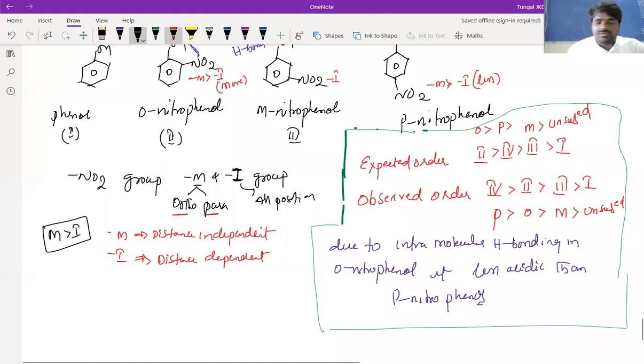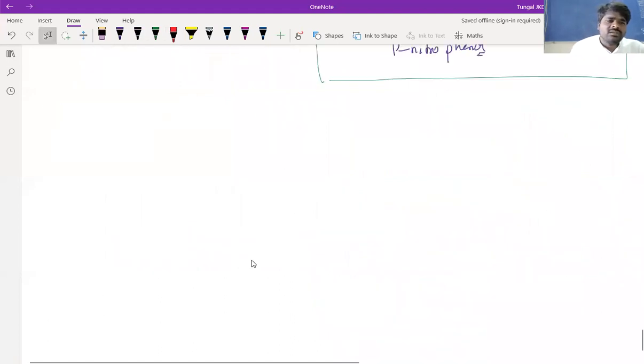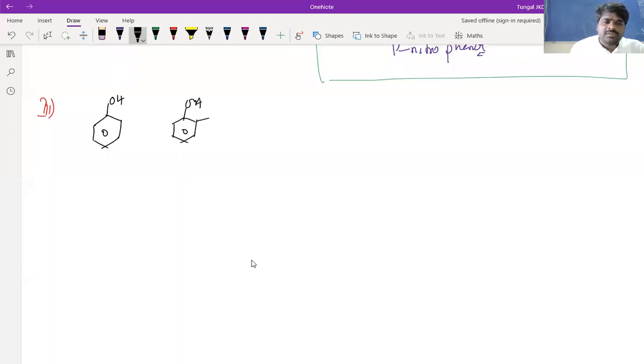So this is about your second example. If I go to some other examples, the same thing you have to take. I'll take some compounds. All of them you need to arrange according to their decreasing order. Suppose I take something like this: OH and CH3.